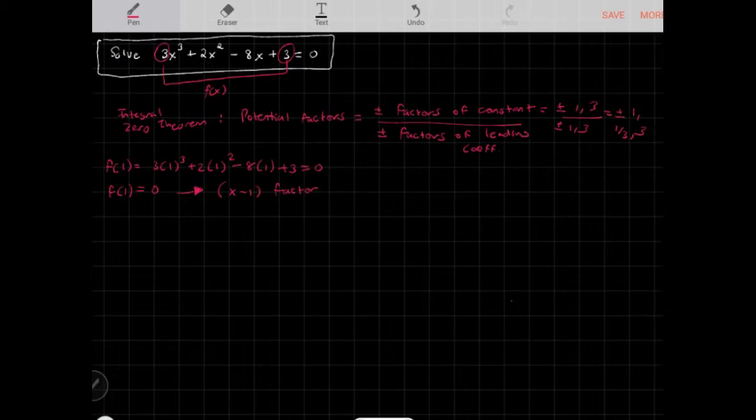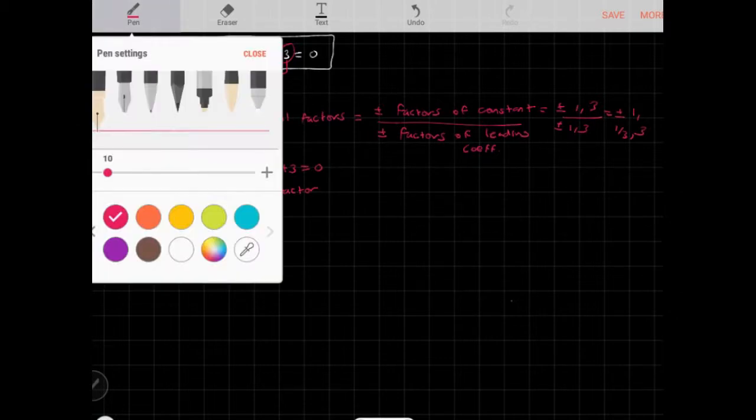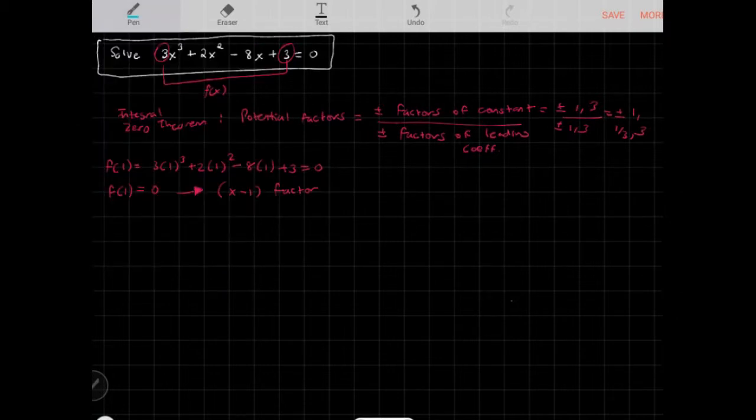If x minus 1 is a factor, we can figure out the remaining factors by using synthetic division or long division. Because the divisor here is linear, I'm going to use synthetic division just because it's faster. So this is x cubed, x squared, x to the power 1, x to the power 0.